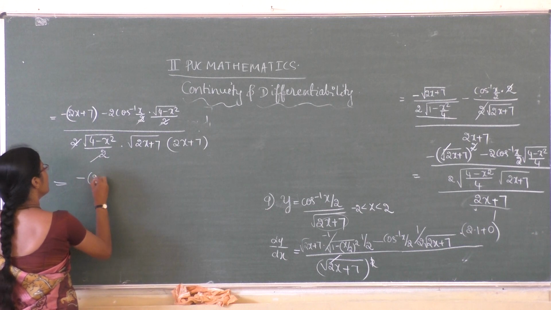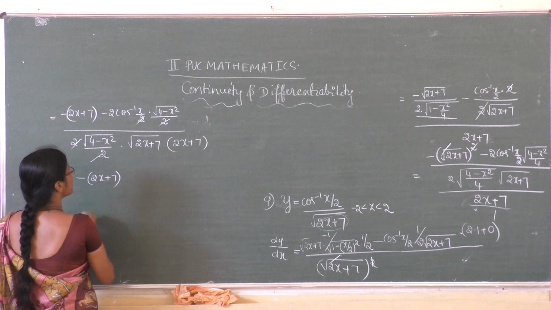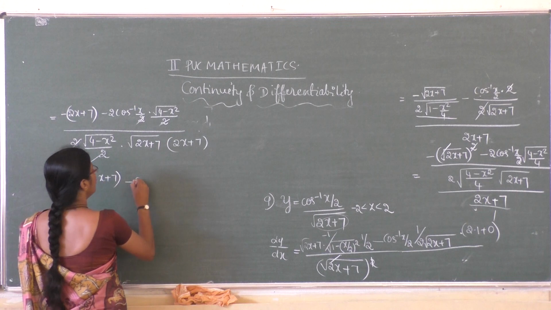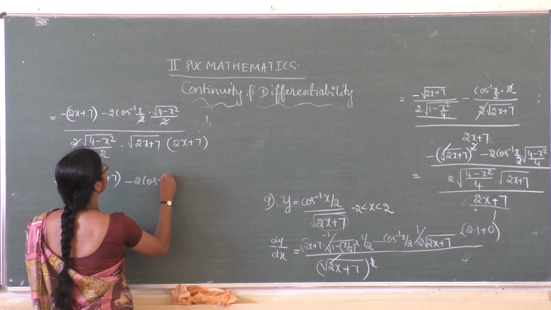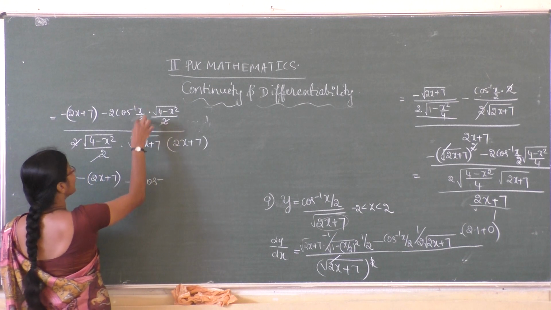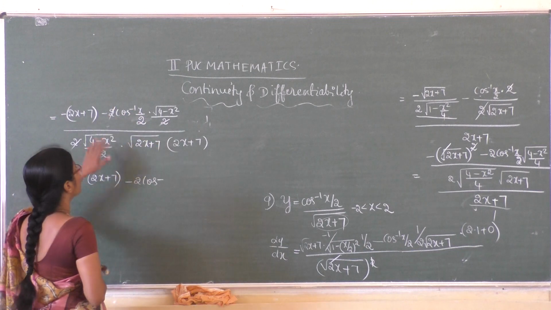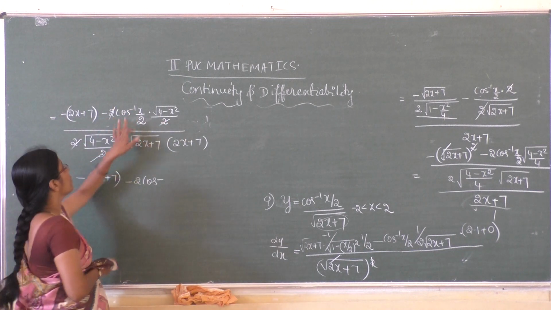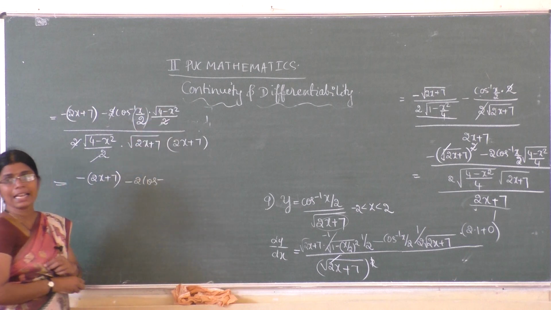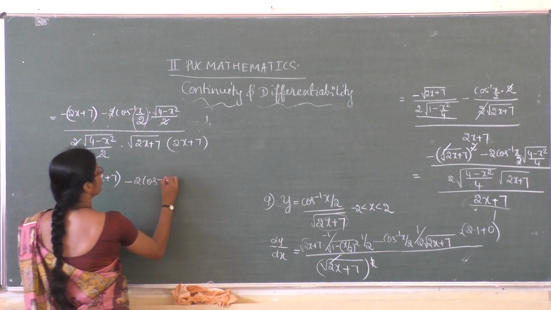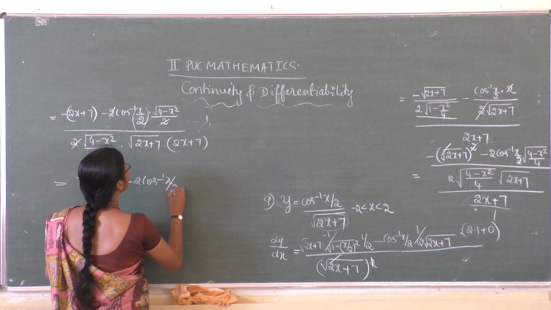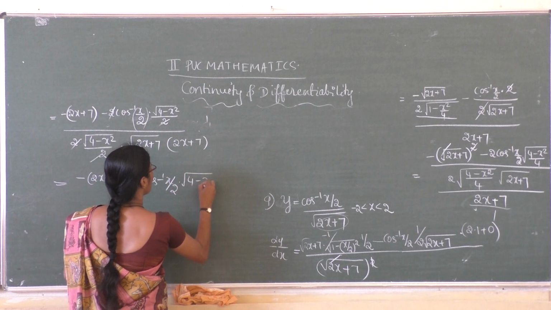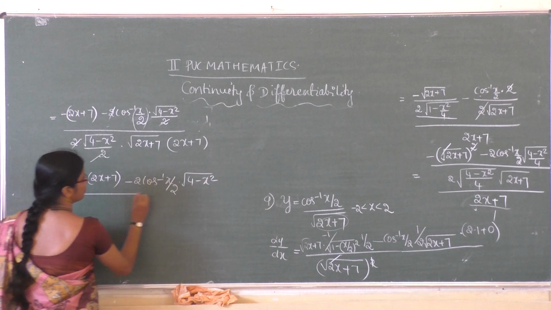So you are getting here minus of 2x plus 7 minus 2 cos inverse, sorry, you can't cancel this 2 and 2. Cos inverse of x by 2, this is the angle, so you can't cancel. So 2 cos inverse of x by 2 into root of 4 minus x square.